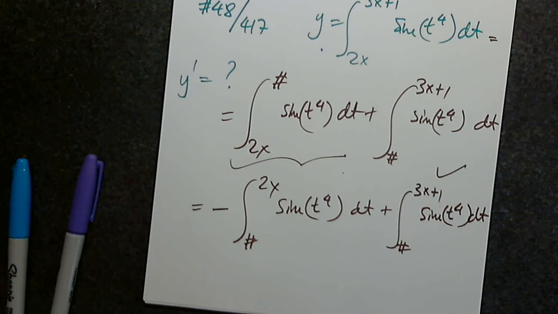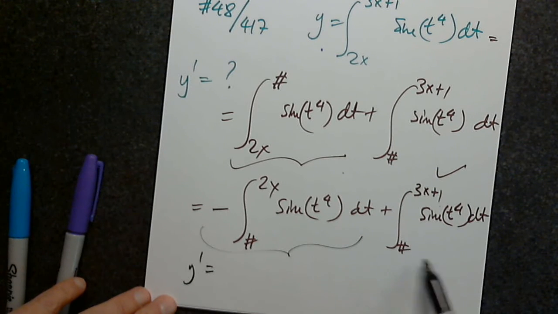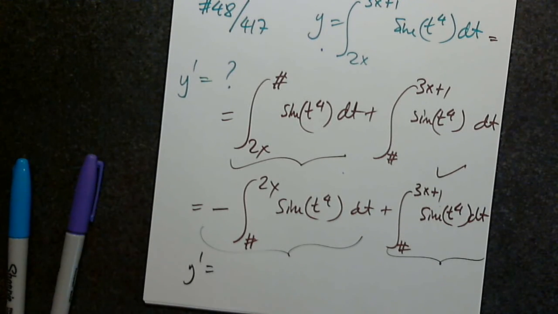Now this is fully ready for differentiation. One more time, this is a function given in a form of an integral. So now when we differentiate and we get y prime, what happens when I differentiate this piece and what happens when I differentiate that? Because we're differentiating a sum.